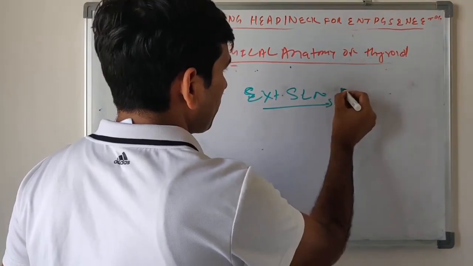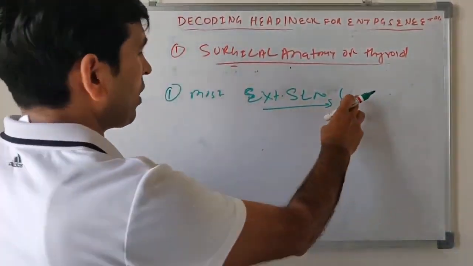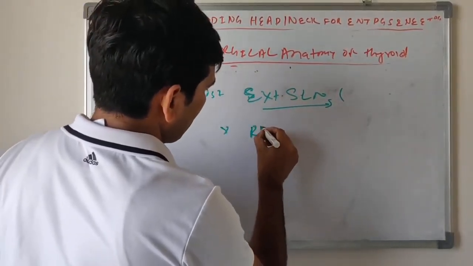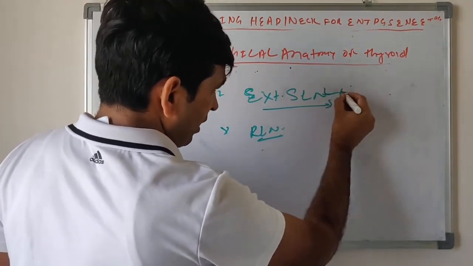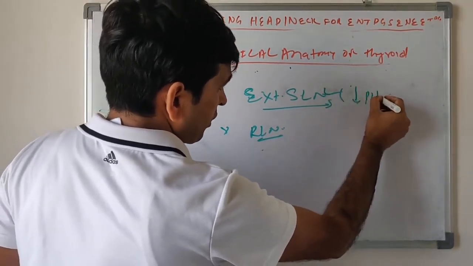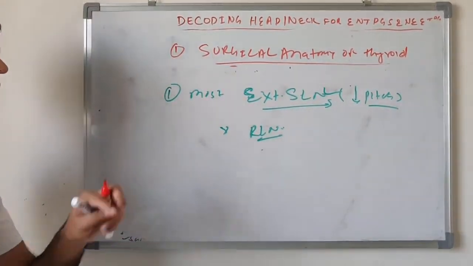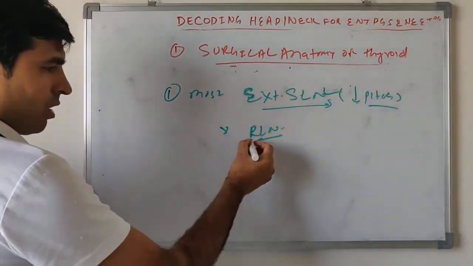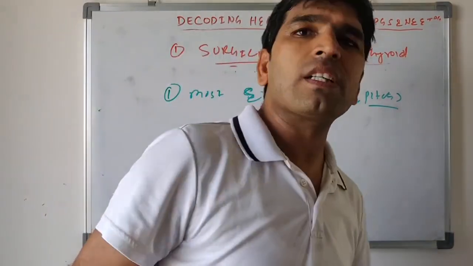This is most commonly injured during thyroidectomy because we are ignoring it. Second most common is recurrent laryngeal nerve injury. Injury to the external branch leads to a decrease in pitch. If a singer is singing loudly in high pitch, they are unable to sing after injury to this. It is very rarely recognized after surgery because nobody is bothered about it.